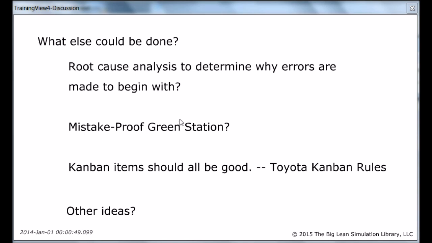How can we mistake-proof that to make sure that he always gets the right one? And one thing to note is that the Toyota Kanban rules say a Kanban item should all be good before it goes on. So we need to make a way so that we don't allow bad documents on the Kanbans. With that, I hope you enjoyed looking at the model, and I hope you see how Kanbans can be very helpful in an office environment for a pull system.